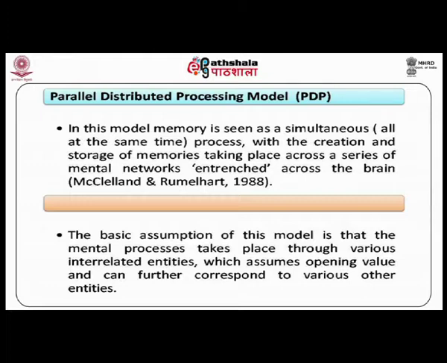The basic assumption of this model is that mental processes take place through highly interconnected units, which can take on an activation value and can further communicate with other units.